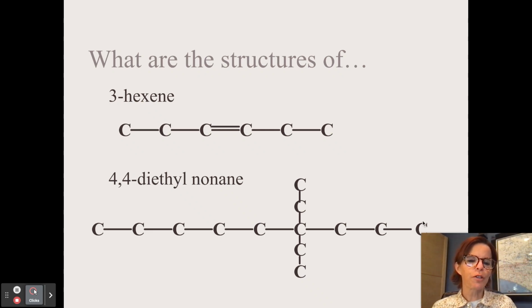This is the 4th carbon if we start over here. 1, 2, 3, 4. Now it's the 4th carbon, and it's an ethyl because it's 2 carbons up and 2 carbons below. Now you could rotate this, you could turn it on its side, you could flip it upside down. It doesn't matter. It's a 3-dimensional molecule. But the way that we chose to draw it here is that there's one going up and there's one going down.